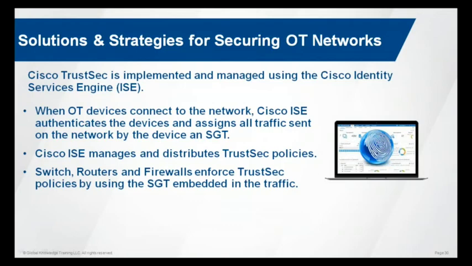So it means when any device or control system connects to my network, my first thing is to make sure that we authenticate that device. Once we authenticate that device, I will then assign a tag. And ICE will be responsible to distribute those tags. So all the policy will be configured from ICE.